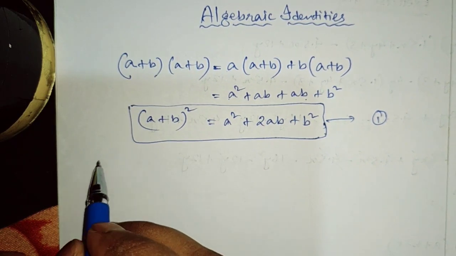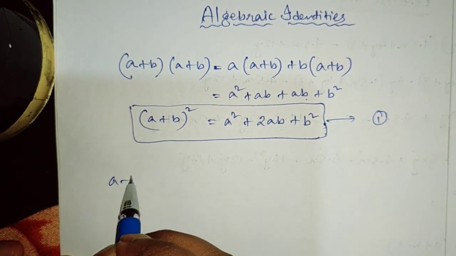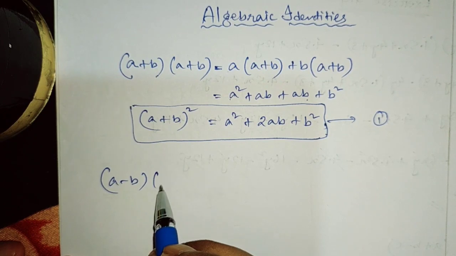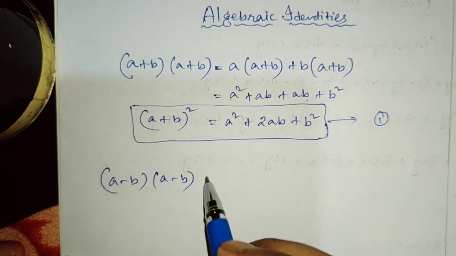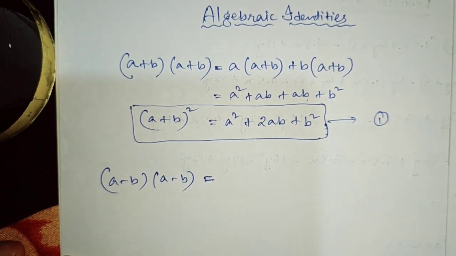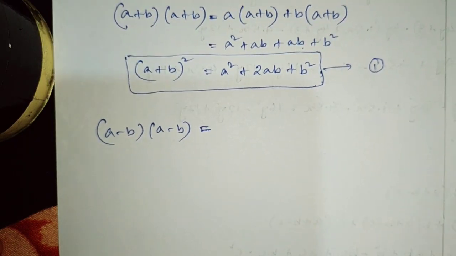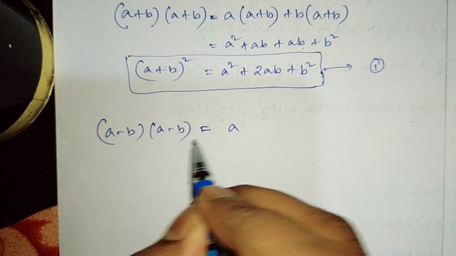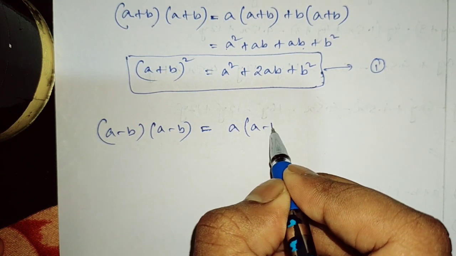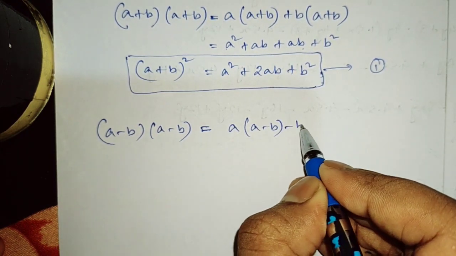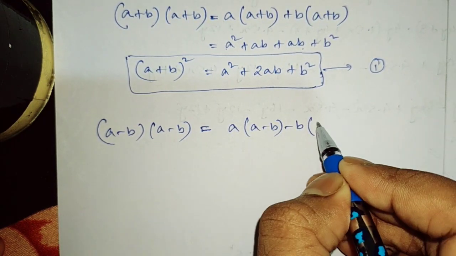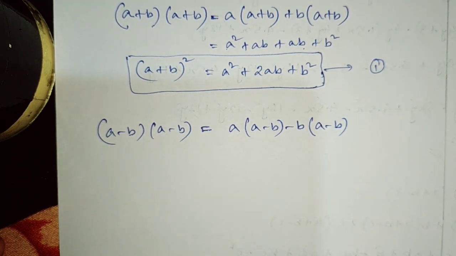Similarly, if you want to multiply a minus b with a minus b, our proceedings will be the same, that is a into a minus b, minus b into a minus b.